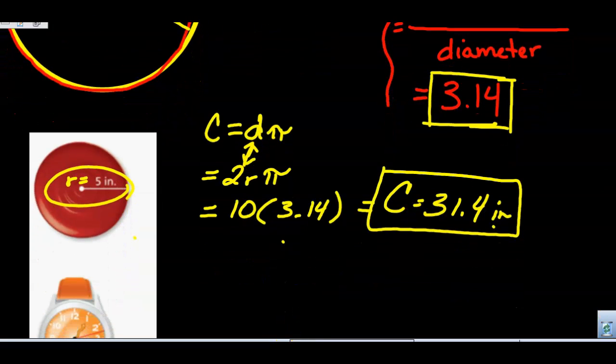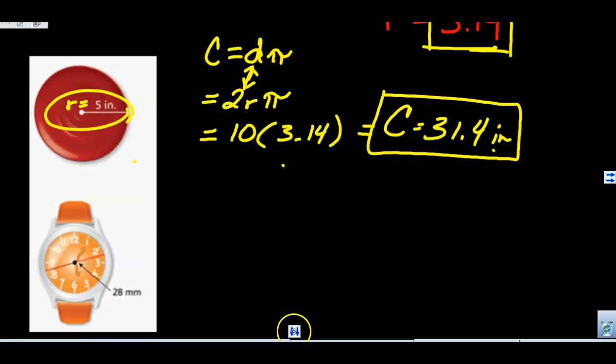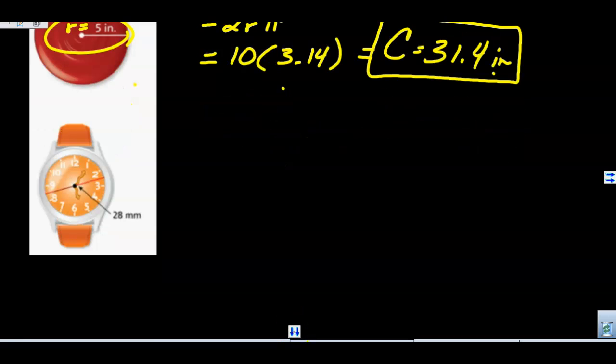Let's do one more. Here we have a watch, okay? And it says that the diameter of this watch is 28 millimeters. We need to find the circumference. Again, using that formula, circumference is equal to the diameter times pi.